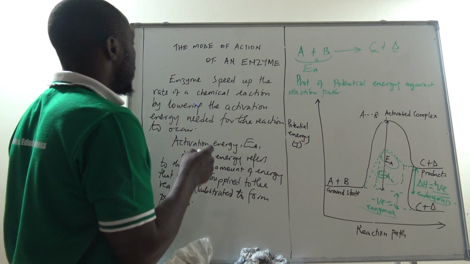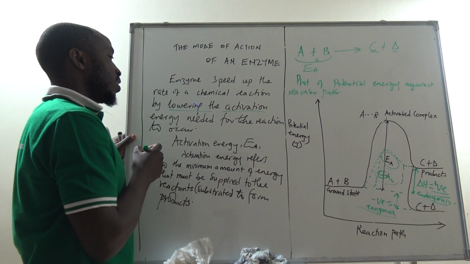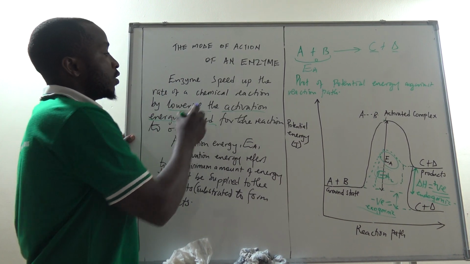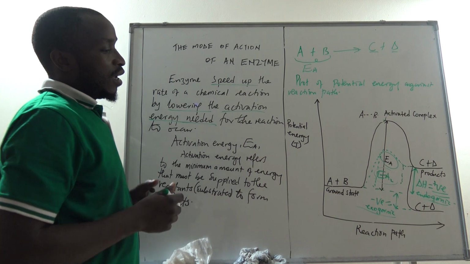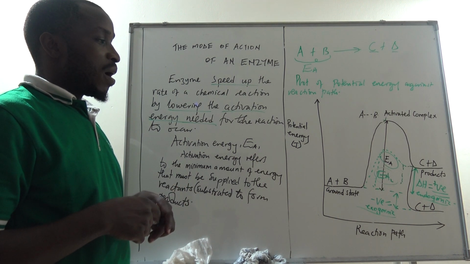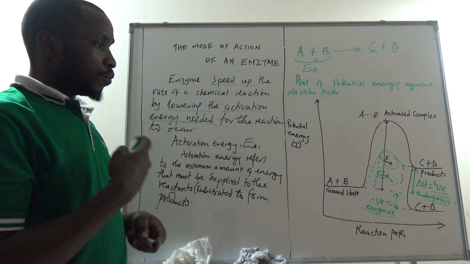So this is how they do this. They lower the activation energy needed. If they lower it, they speed up the chemical reaction, and so reactions in biosystems will occur faster.